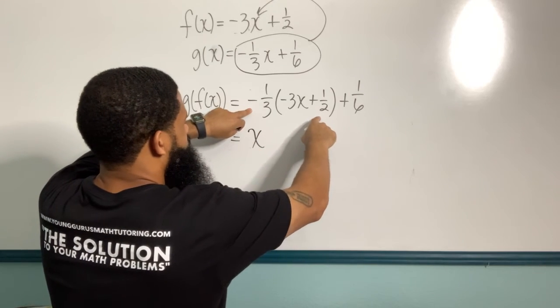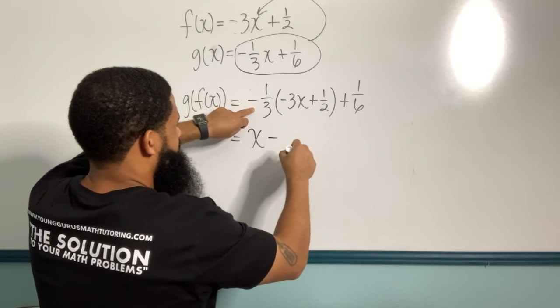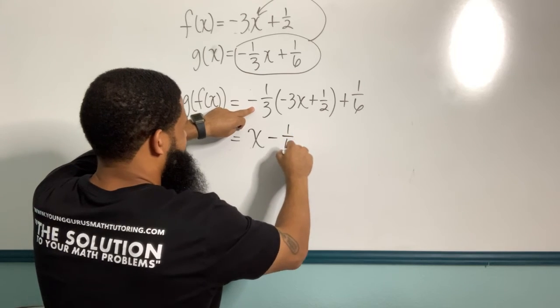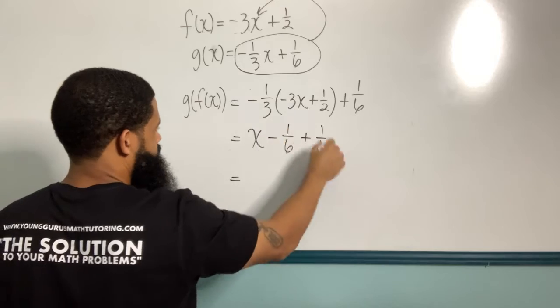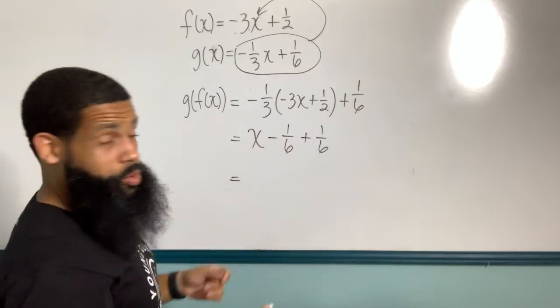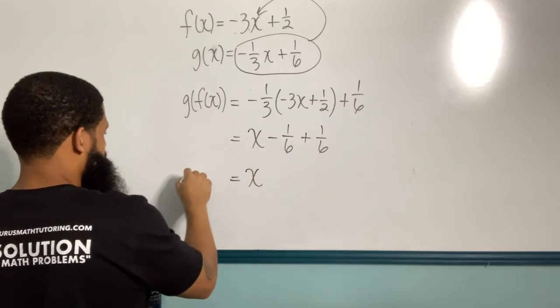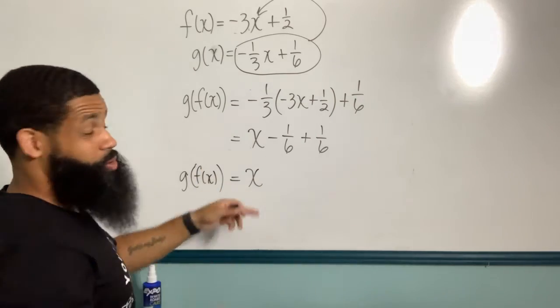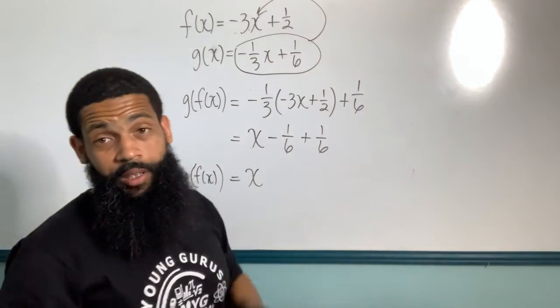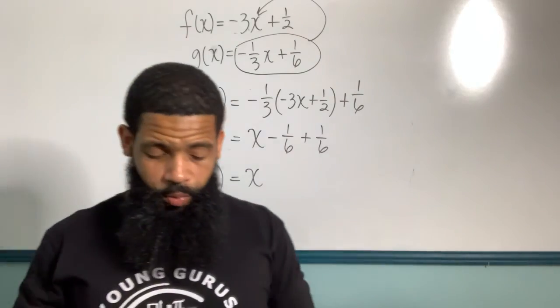Negative 1/3 times 1/2 is negative, and that gives me 1/6. And then I bring down this plus 1/6. And notice these are opposites, so they equal 0 when you add them up. g of f of x equals x. So f of x and g of x are inverses of one another.